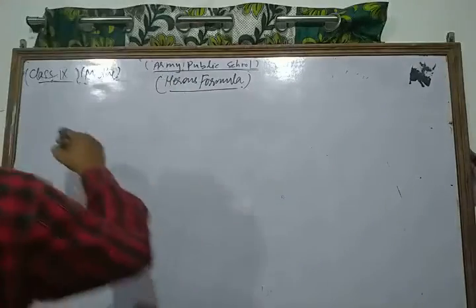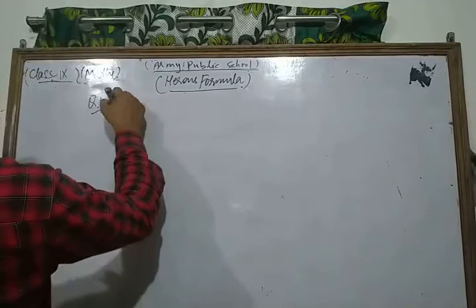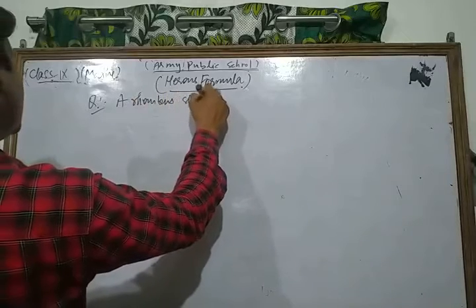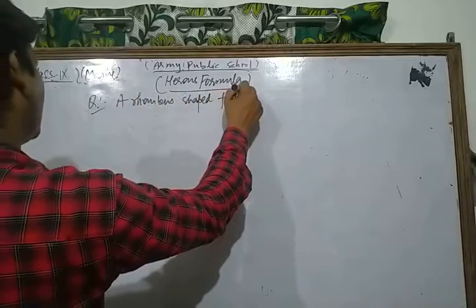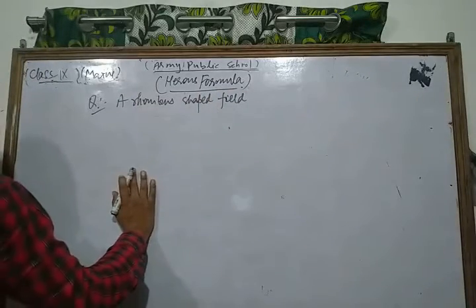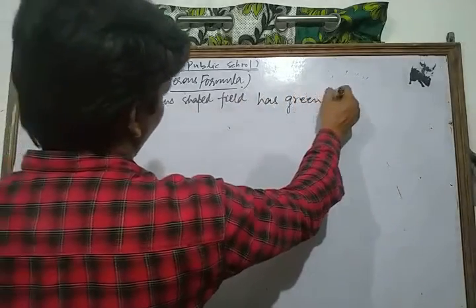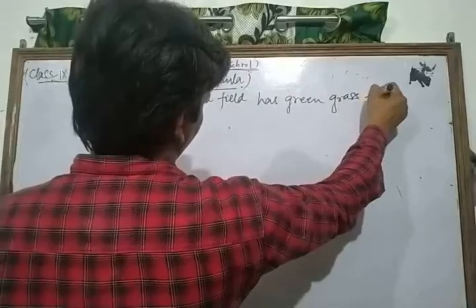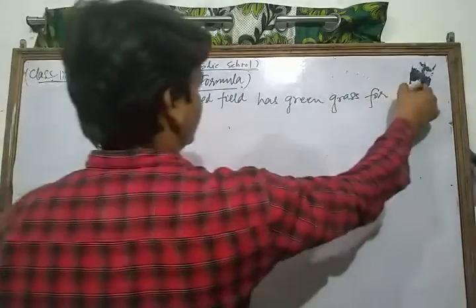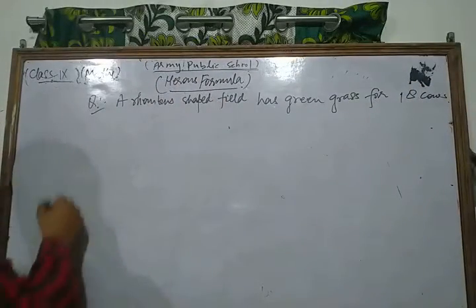And the next question is: a rhombus shaped field has green grass for 18 cows to graze.